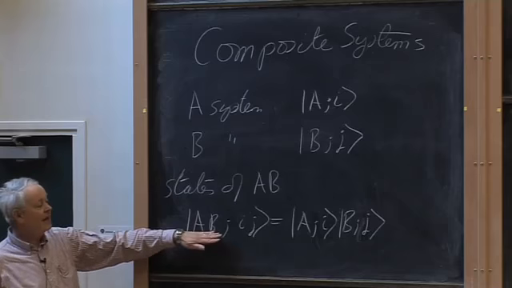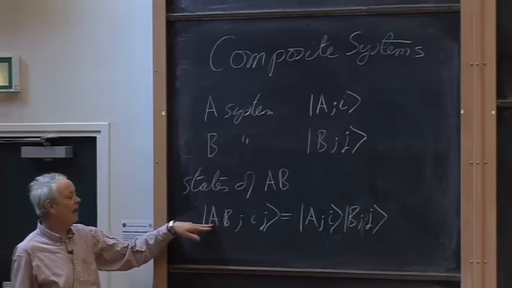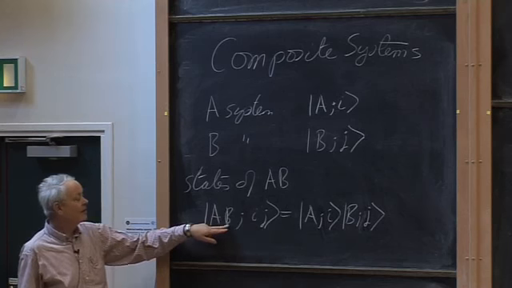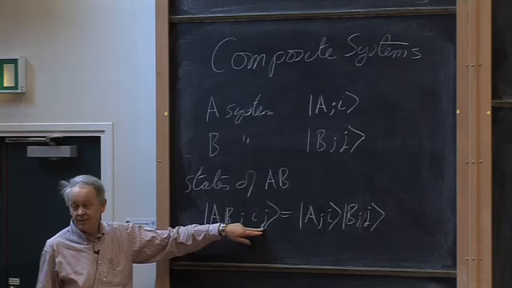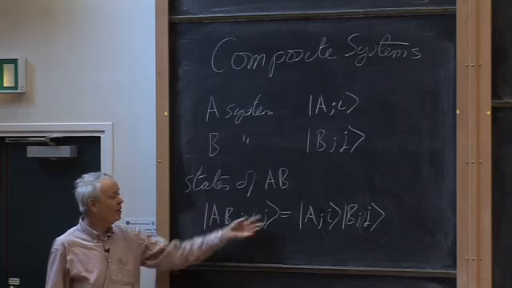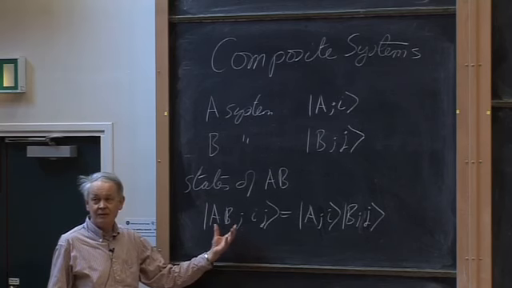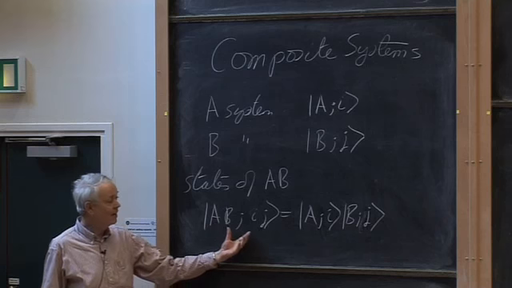This means the state of the compound system, where subsystem A is in its ith state and subsystem B is in its jth state. We have to know what this means, and I think we do know what this means; I've just given words that give meaning to that.